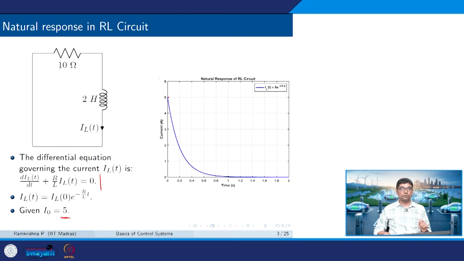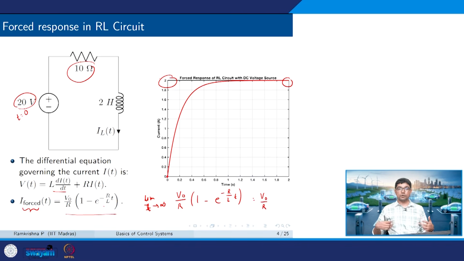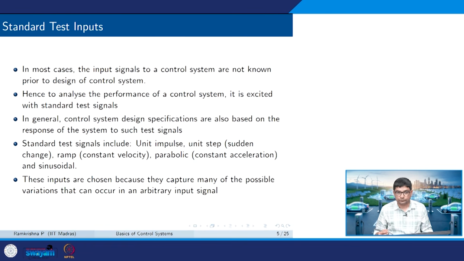Natural response: what happens when there is a non-zero initial condition? The system comes to rest. Forced response: the system starts from a 0 initial condition and attains its full speed at steady state. It need not necessarily start from 0; it can also start from some initial speed and reach its final speed in a stipulated amount of time.